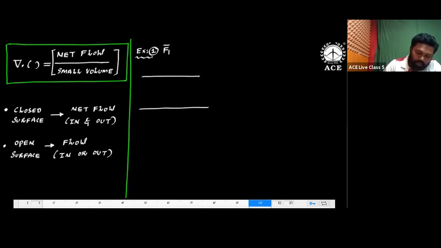Okay, there is a pipe here. The liquid is flowing like this. Liquid flow is a vector here.